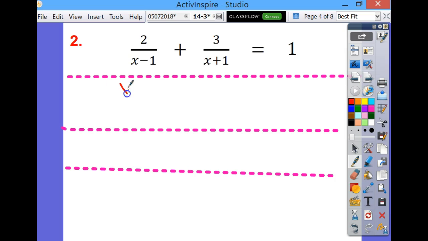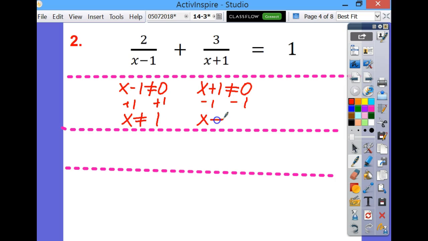So this denominator cannot be equal to 0, and this denominator can't be equal to 0, and 1 doesn't have a denominator. Add 1 to both sides. X cannot be equal to positive 1. X cannot be equal to negative 1.